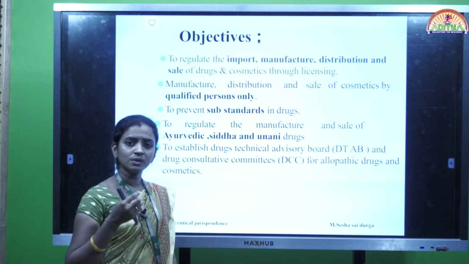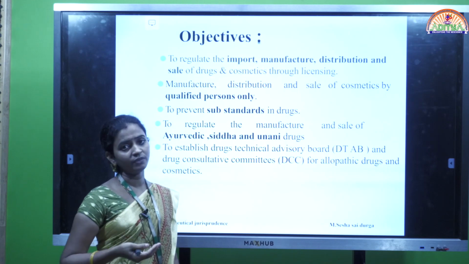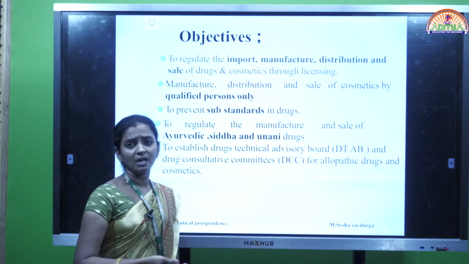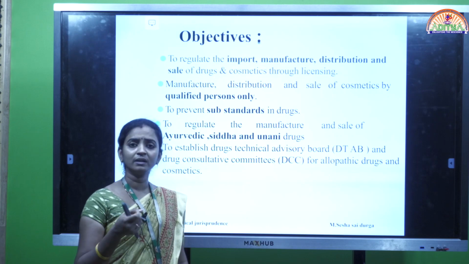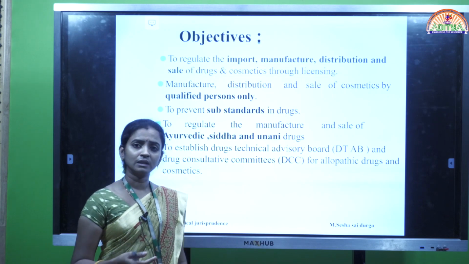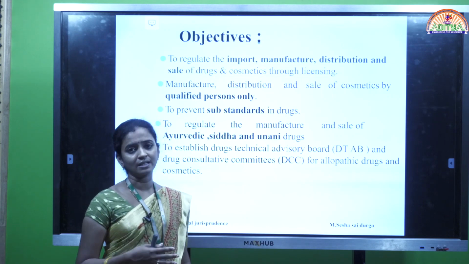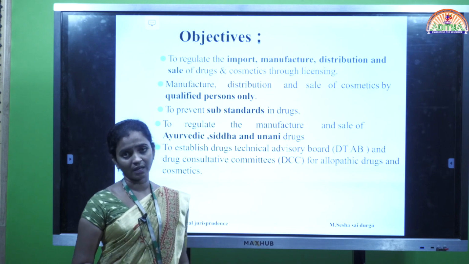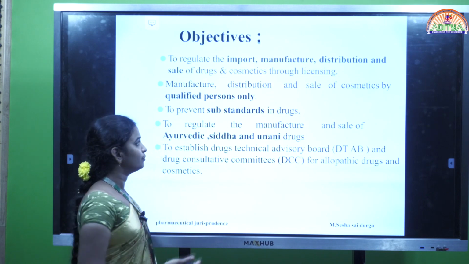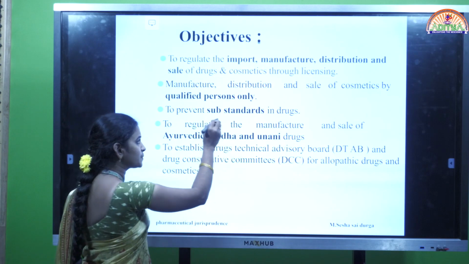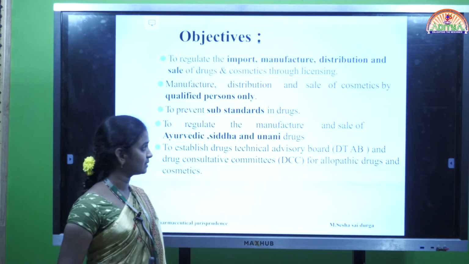Such low standard drugs we were receiving from foreign countries. Those drugs did not have the required therapeutic efficacy, so the patient may not get the required action from the use of the drug. No use. So we can avoid such substandards in drugs by this act.